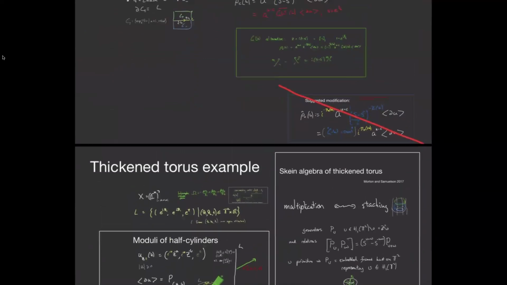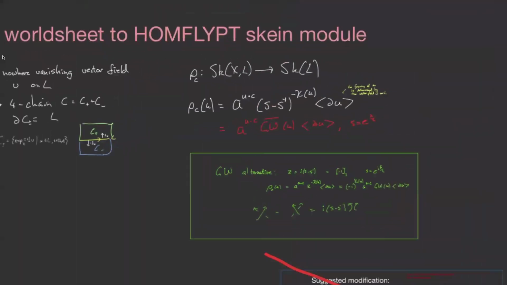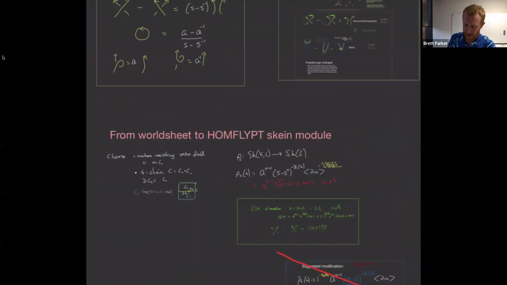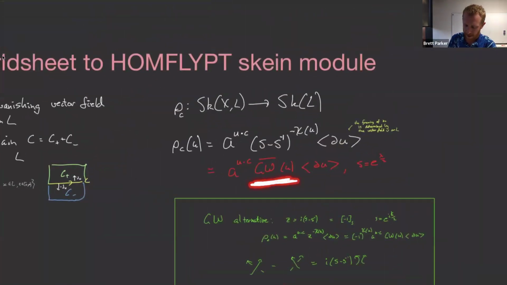Sorry, Brett, I have a question for you. So when you write this Gromov-Witten invariant, what do you mean then? Is it the Gromov-Witten invariant of a closed curve, open curve, curve with boundary, or what kind of curve? So this, as Tobias is perhaps noticing, is something where the technical details have not been written.